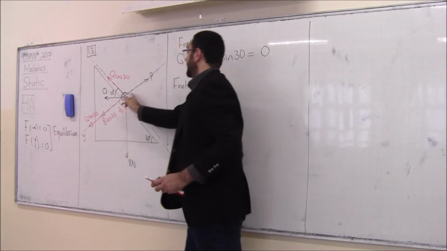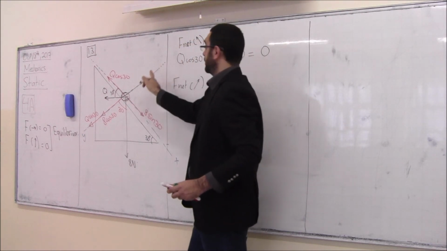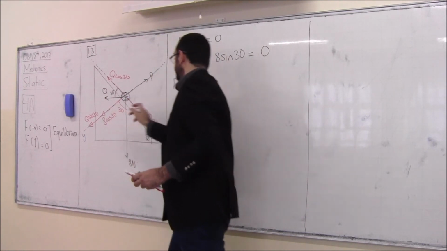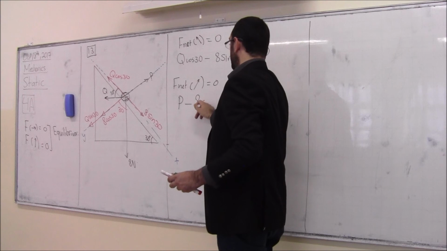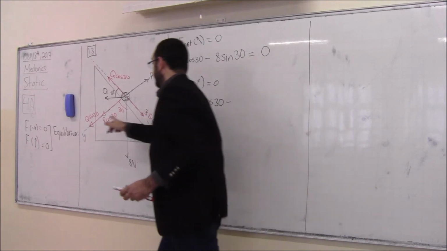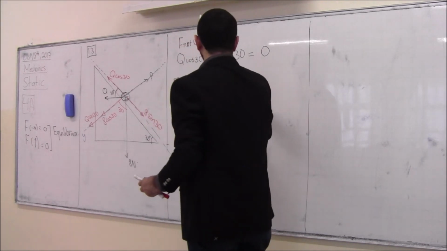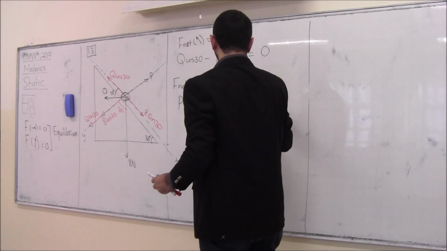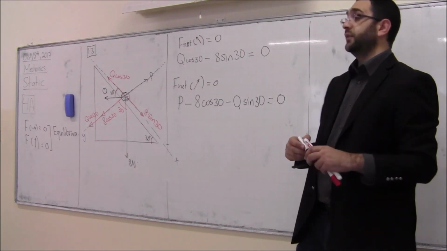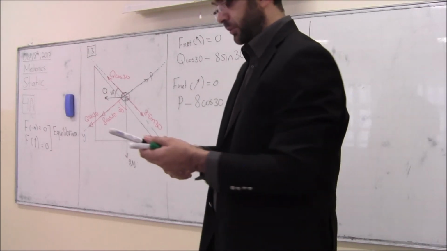So what we will have here is P minus 8 cosine 30 minus Q sine 30 equals 0. Again, you have to solve this equation by using algebra.